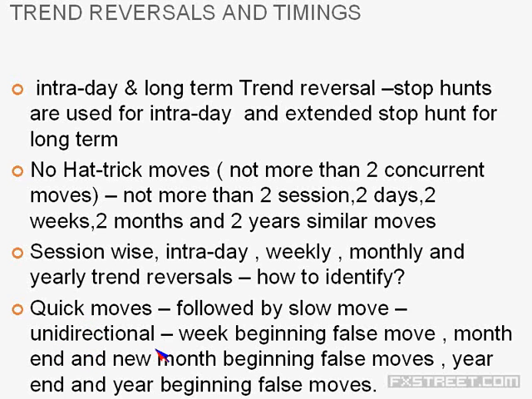Then you find the unidirectional move. Sometimes you find, especially in the case of the denominator currencies, they make similar moves for 3 days. Drop, drop, drop, drop in the case of yen or CHF for 3 days, and then subsequently hold there and accumulate. Then rise for 3 days or 4 days.